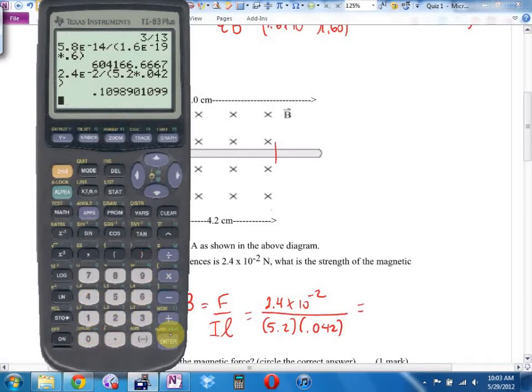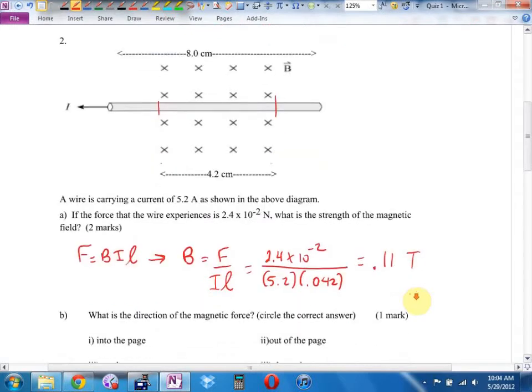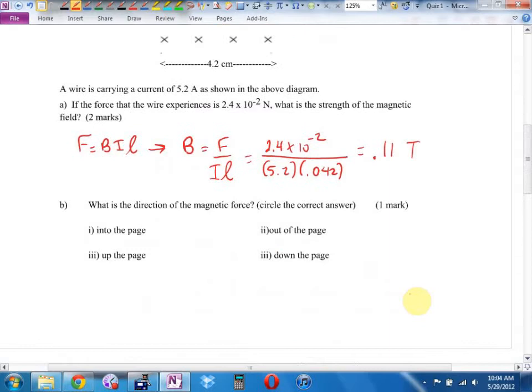I get a magnetic field of 0.11 Teslas. Is that right? Fairly big. We said a magnetic field of like 5 Teslas is huge, so 0.1 is 1/10 of huge.